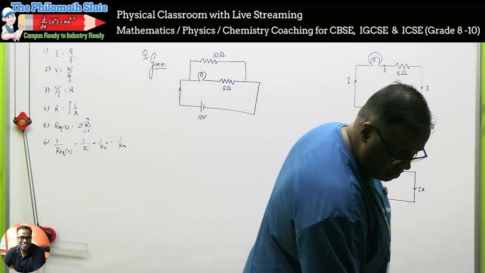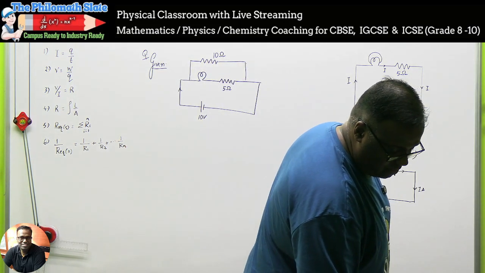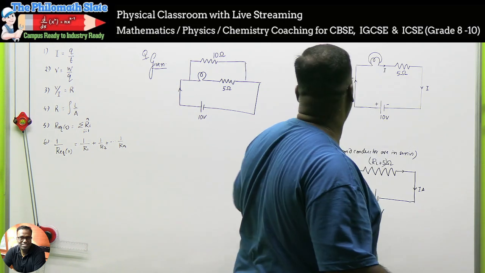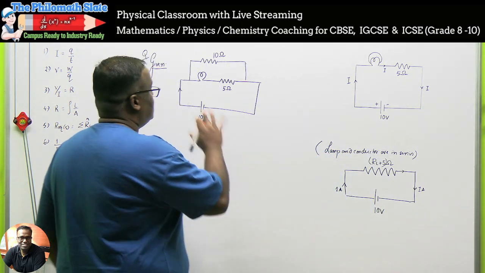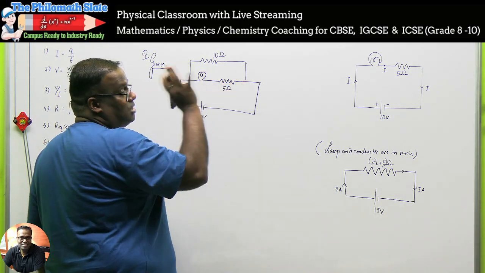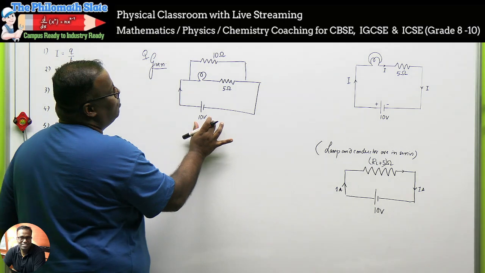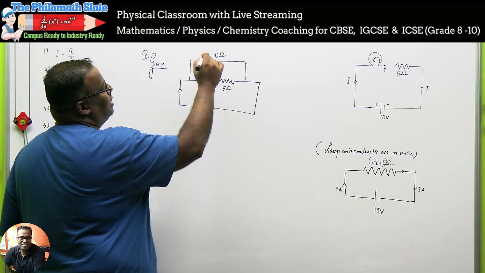They have asked what current, if any, is flowing through the 5 ohm conductor and the potential difference across the lamp. See, voltage always gets divided. Remember one thing: this 10 volt is going to get divided, we don't know how much.